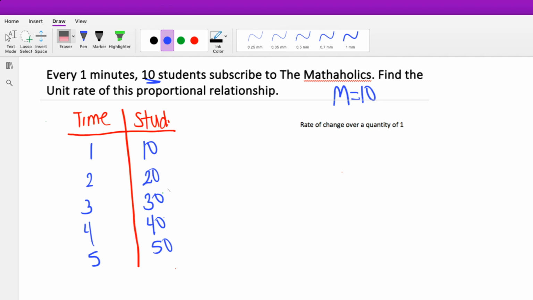And then what do we do in order to find the unit rate now? We tell ourselves, okay, rate of change over 1. And like I said, I just made this problem up off the top of my head, so I did not realize that the slope was just 10 over 1, but that is also going to be the unit rate.